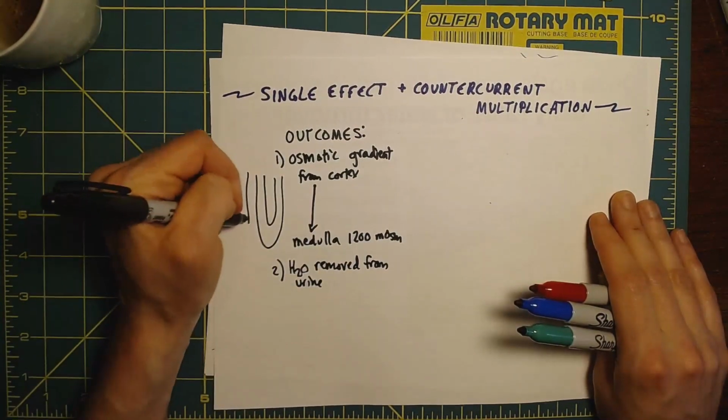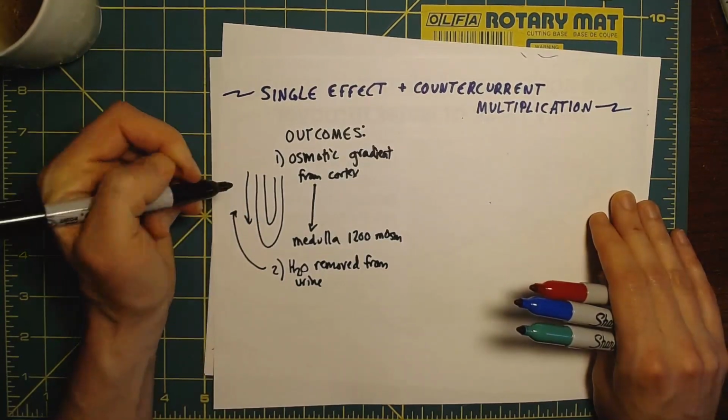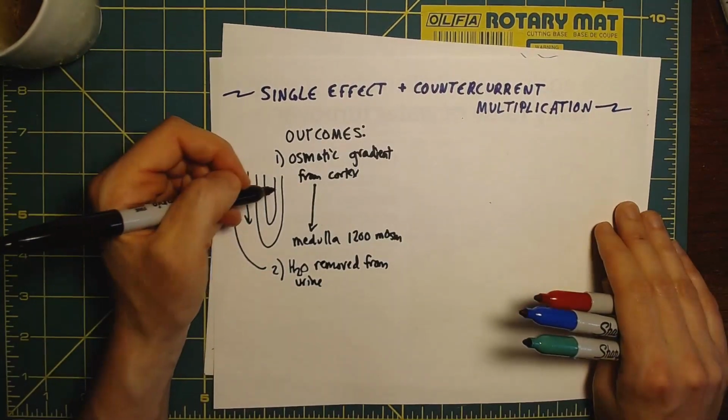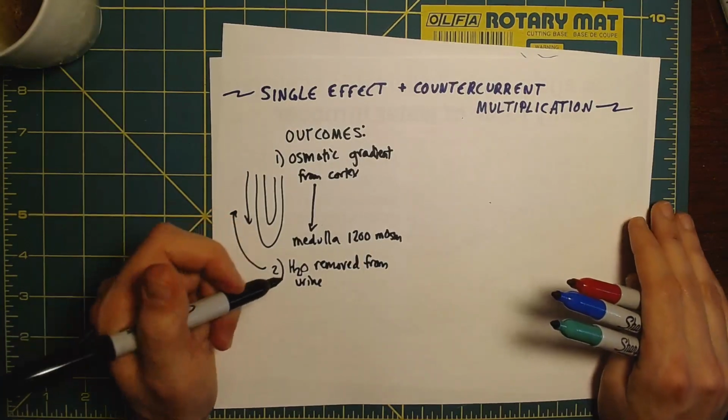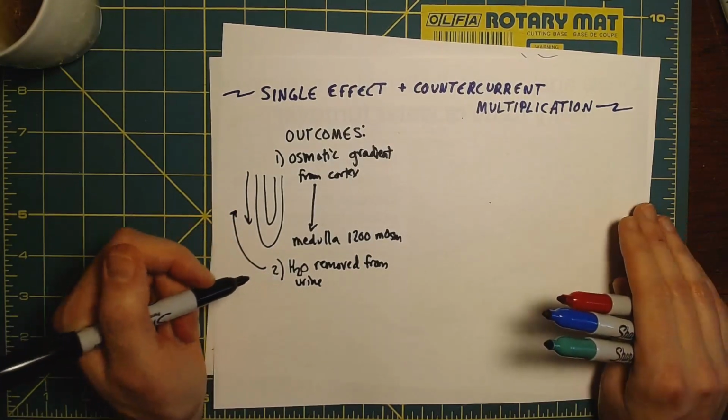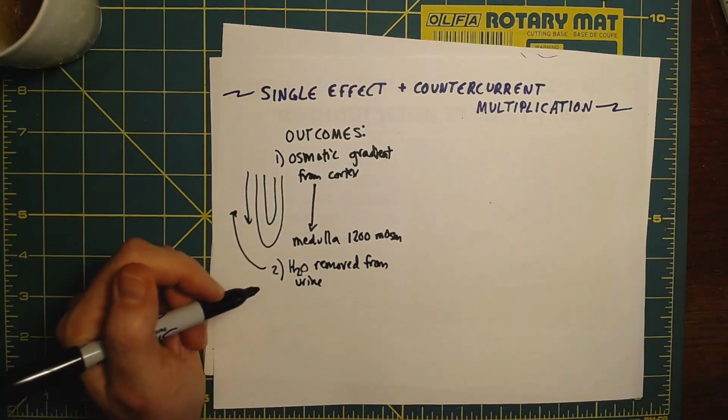In that descending limb, right over here. So that the fluid volume that leaves the ascending limb of the loop of Henle is a much smaller volume than the fluid volume that enters the descending limb.